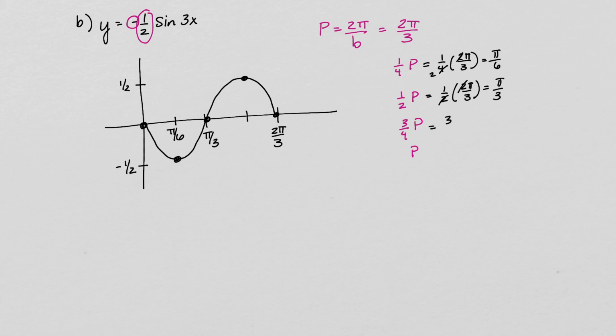And 3/4 P, we're going to have 3/4 times 2 pi over 3. So again, the 2 cancels with the 4, and you get a 2. The 3's cancel, and we just end up with pi over 2. And that's all you have to graph to be able to show that you know how to graph something where both the period and the amplitude are affected.